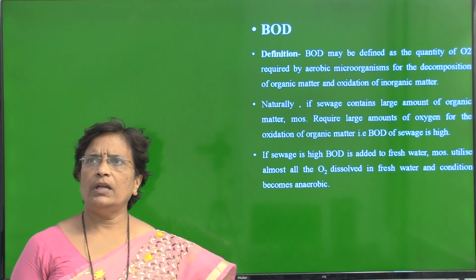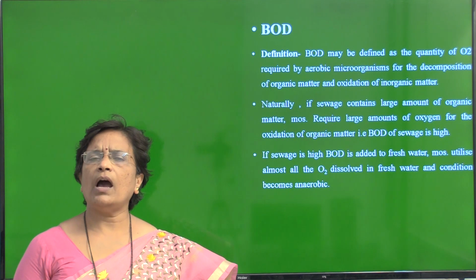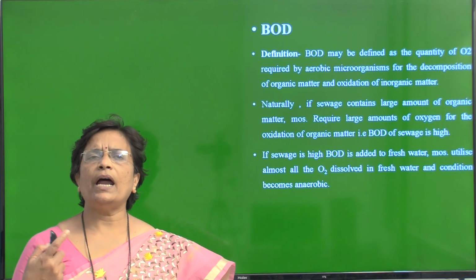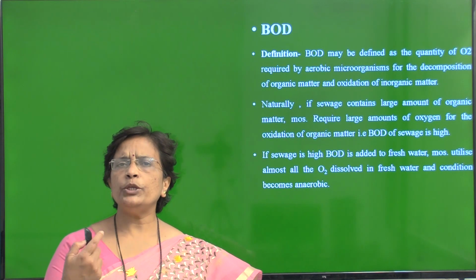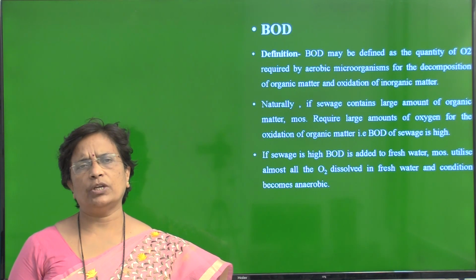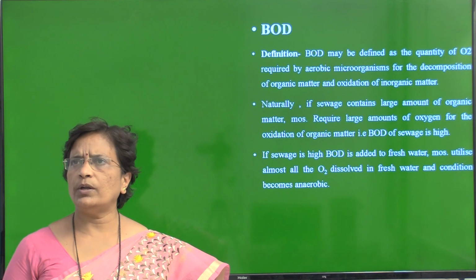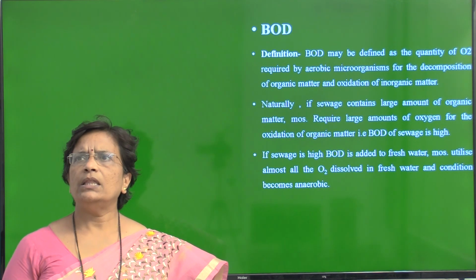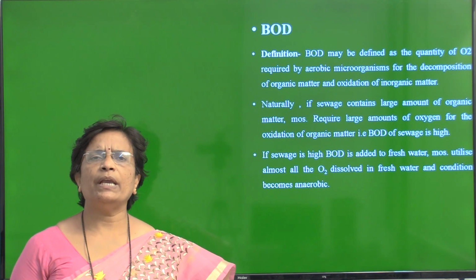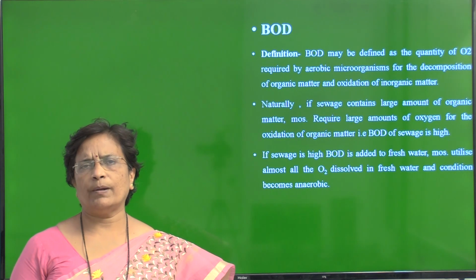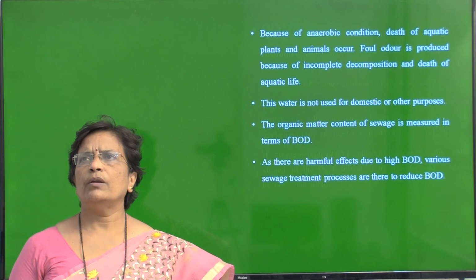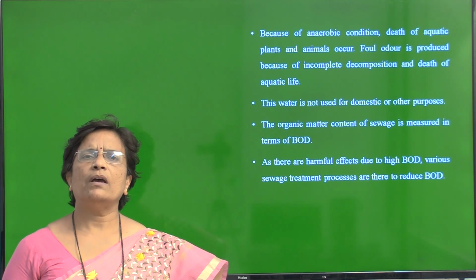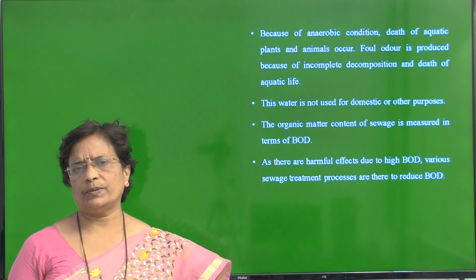And if sewage having high BOD is added to fresh water, the microbes will utilize all the oxygen present in the water, and the condition there becomes anaerobic. Because of this anaerobic condition, we have to face various problems.